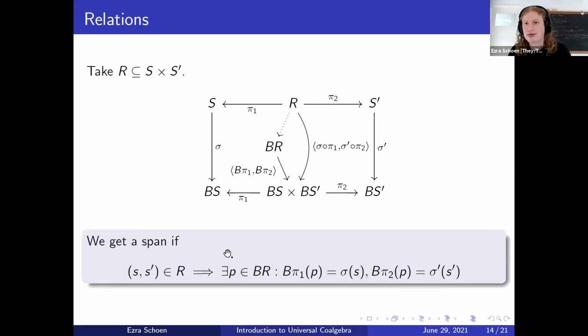And in fact, if you do this for automata or for Kripke frames or labeled transition systems, it turns out that this really just gives you the ordinary definition of bisimulation that you may have seen before.